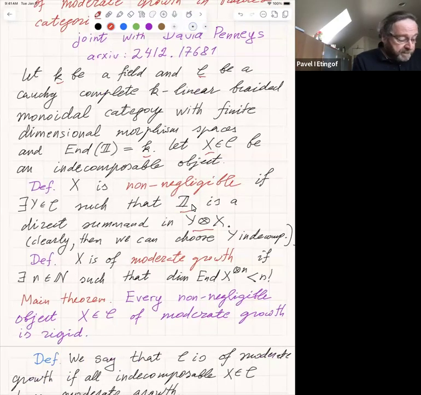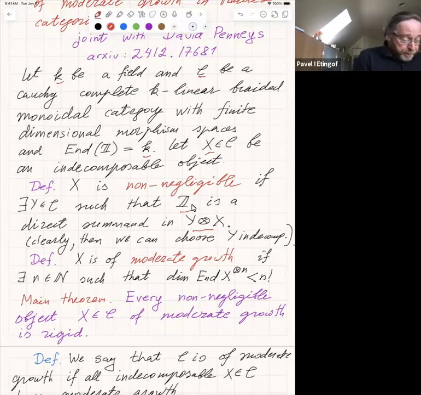Then we also say that X is of moderate growth if there exists N such that the dimension of the endomorphism algebra of X to the N is less than N factorial. This is a little bit different from traditional definitions of moderate growth, but not much. Actually, it's a weaker condition.